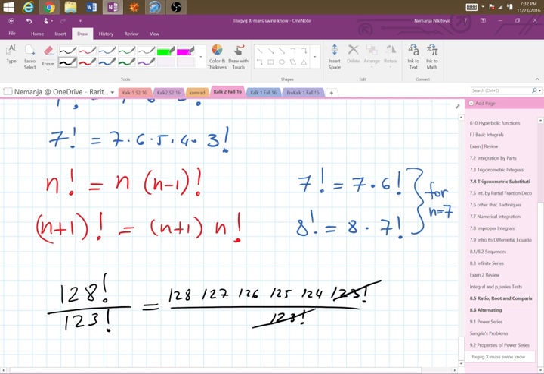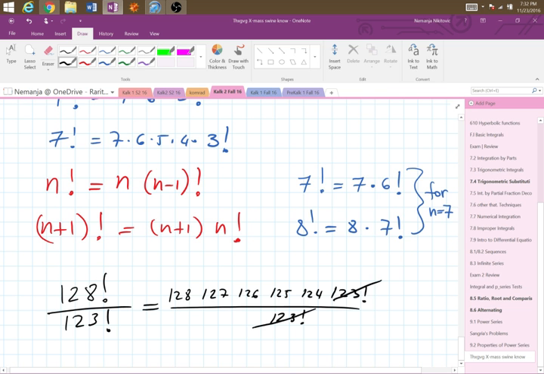Yes? So is the only real world application for this with computers, or is it anything else? Yeah, probability calculation, there's a lot of application for it. There's also advanced mathematics, you learn gamma functions and so on. A lot of things out there use factorials.